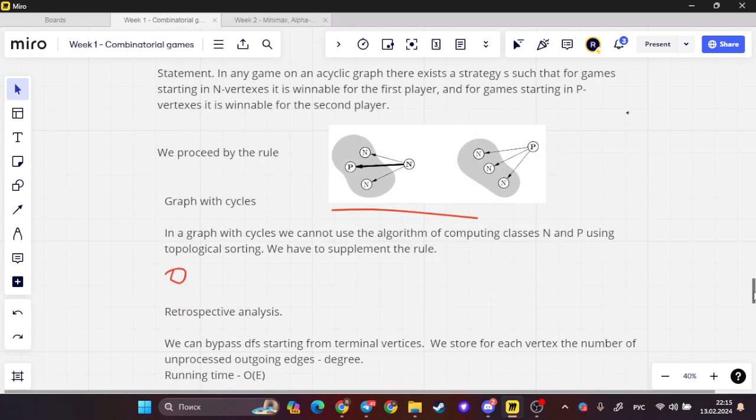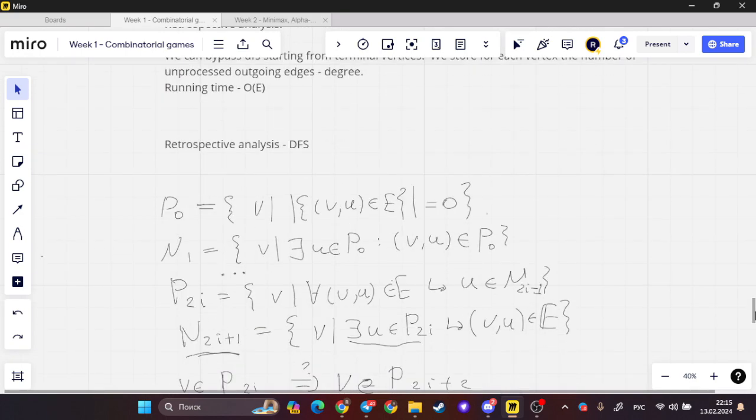And by the way, during this algorithm, we calculated a counting function that tells us how fast we can win or how slow we can lose.